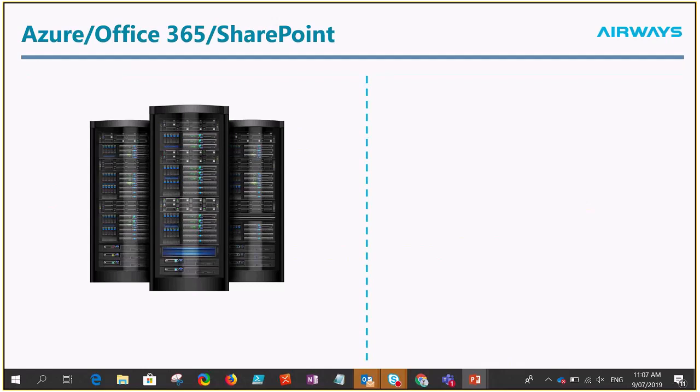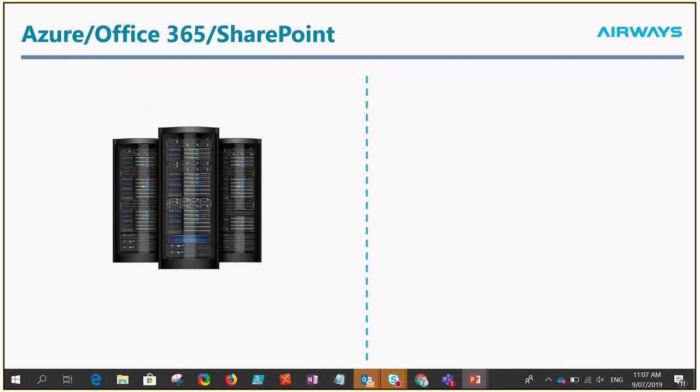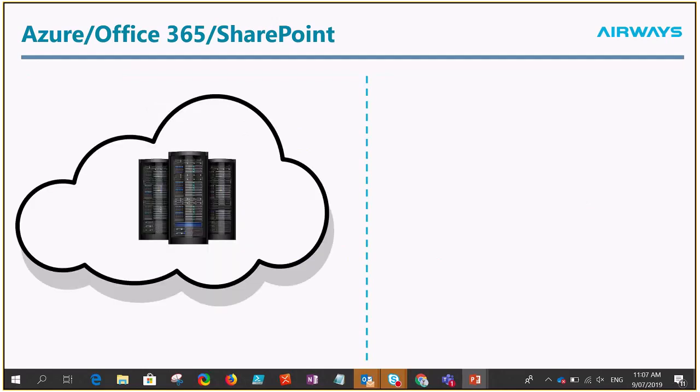But of late, companies have started moving onto the cloud. There are still servers, but they are sitting somewhere, and you need not be concerned about where. They are being managed by the service provider, in this case Microsoft. Microsoft's cloud offering is called Azure, Microsoft Azure.